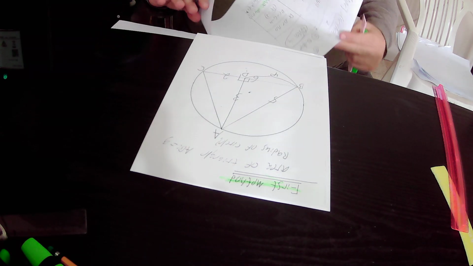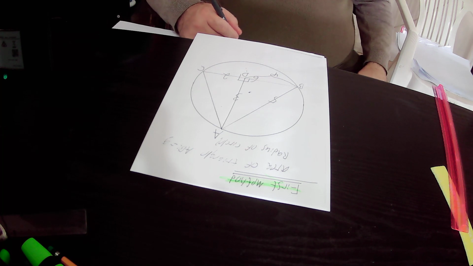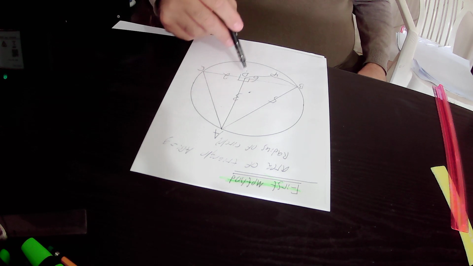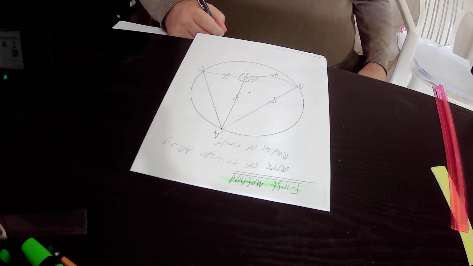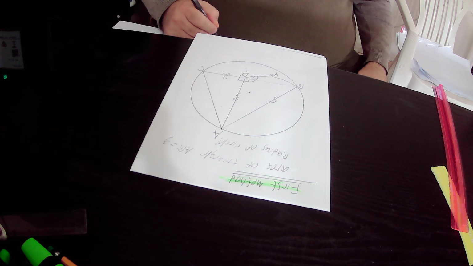So actually we found out that AC square equals AD square. AD equals 3, so AD square is 3 squared, that is 9, plus DC square. DC equals 2, so DC square is 2 squared, that is 4.